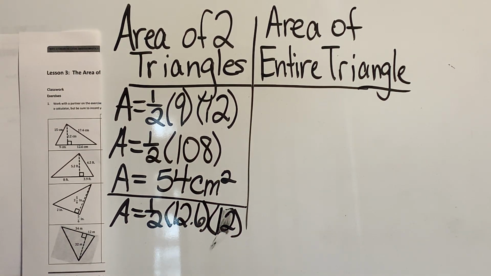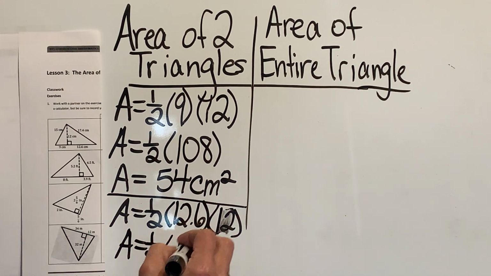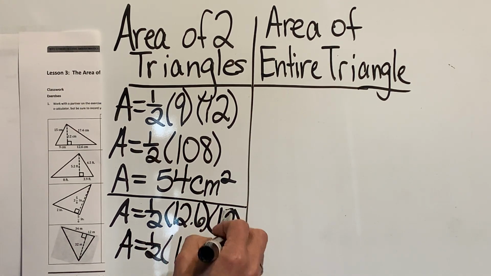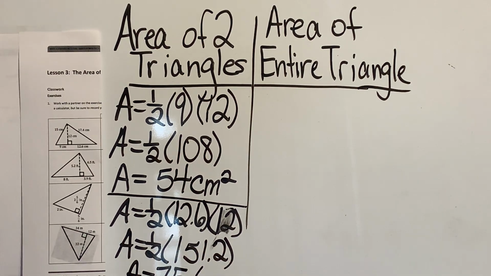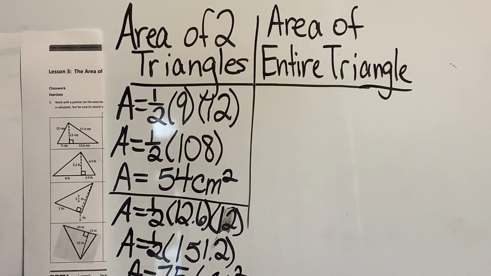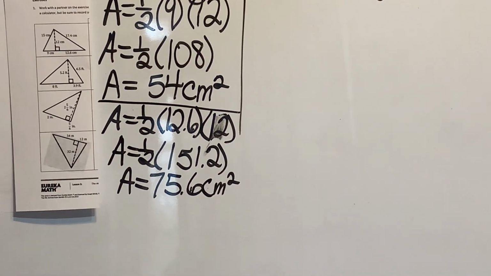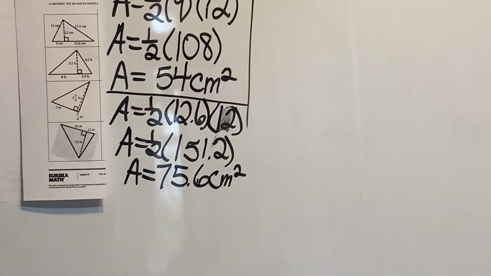All right, so then I've got the area is half of 151.2, and so the area is going to equal 75.6 centimeters squared. So hopefully so far you're staying with me. And let me move this down so you can see. And I'm going to have to figure this down here.